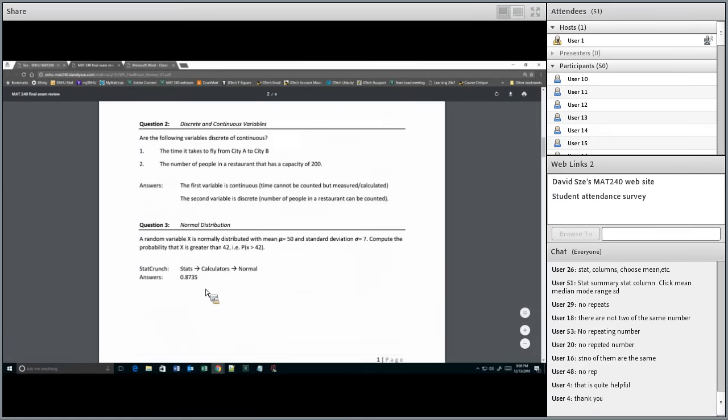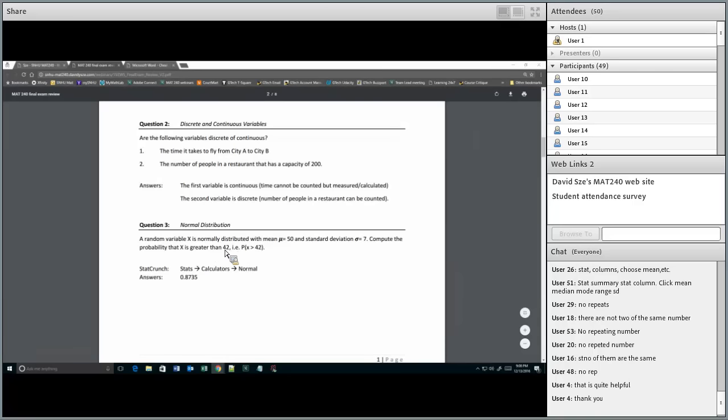Okay, now things are getting interesting and we are now doing a problem on normal distribution. So this was week 2. A random variable x is normally distributed with mean 50 and standard deviation 7. And we have to compute the probability that the variable gets a value of 42 or higher.